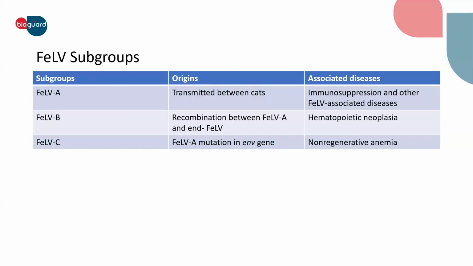What this means is the cat must be infected with FeLV subgroup A first, and the FeLV-A will have a homologous recombination with the endogenous FeLV, and then it becomes FeLV subgroup B. It can cause hematopoietic neoplasia.